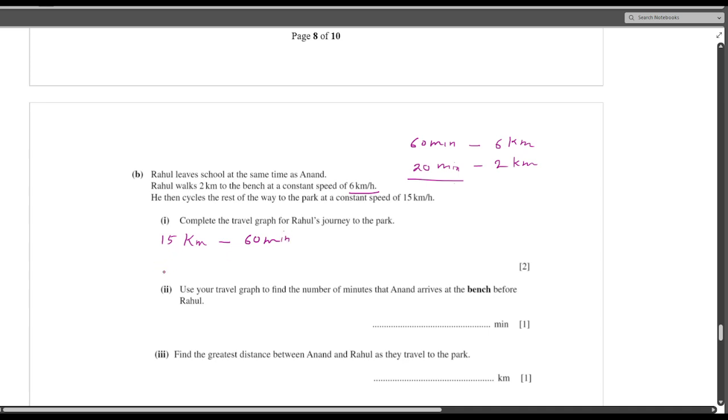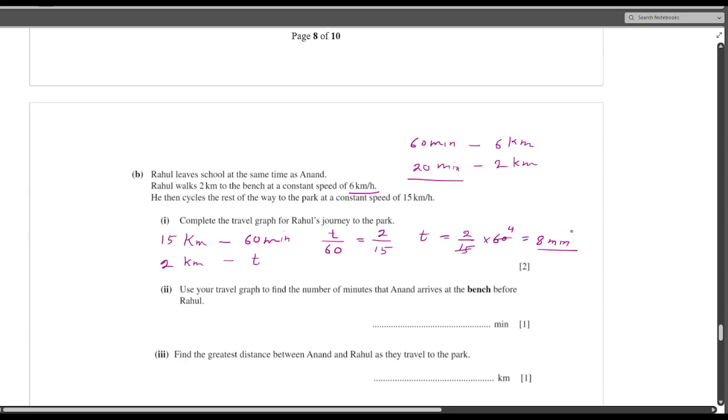So to cover a distance of 2 kilometer, how much time will I take? Let us consider t as the time. They are in direct relation. So t divided by 60 will be equal to 2 divided by 15, and therefore t is equal to 2 divided by 15 multiplied by 60. So it will take 8 minutes.